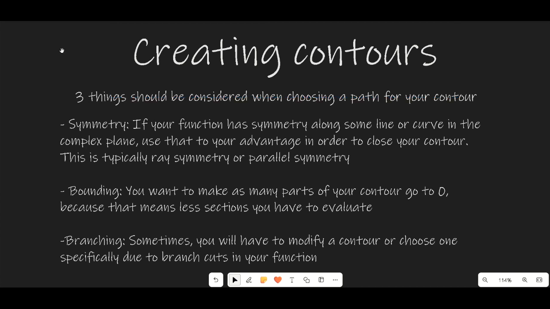This is typically ray symmetry or parallel symmetry. Now, what we mean by ray symmetry or parallel symmetry is essentially if you have multiple lines that come out from the origin that have some sort of similarity on them.